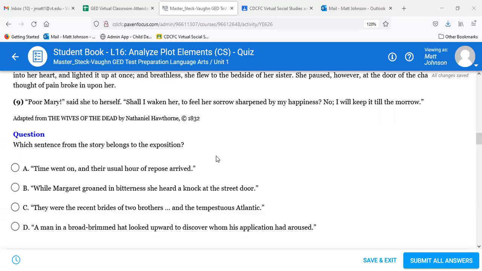So what explains the situation here? Or gives you background? C. Yeah, C is in cat, right? That gives you more information about the situation, right?